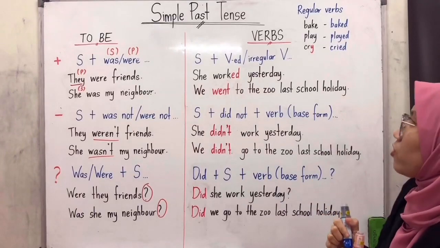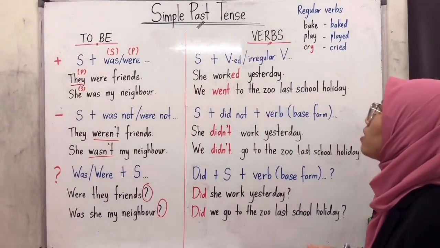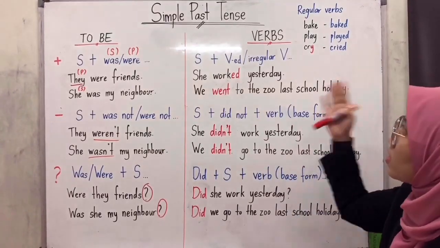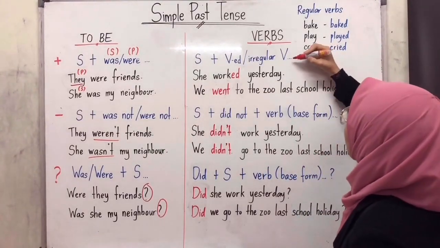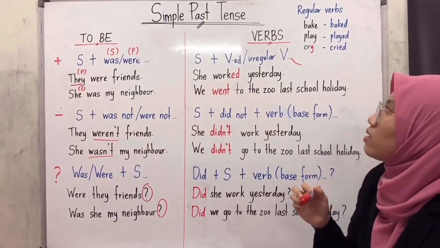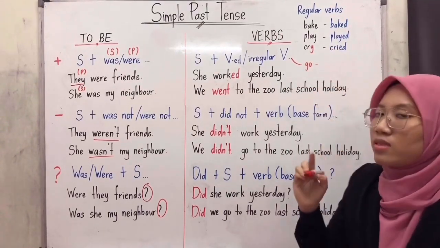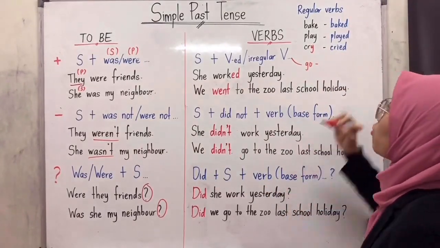Irregular verbs are verbs that have a different form from the present tense form. For example, verb go, in past tense, we will use went.